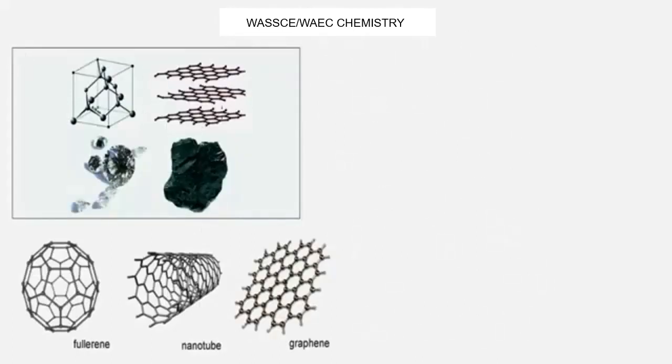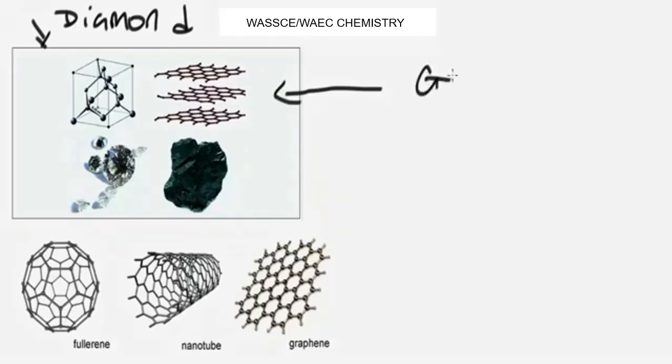Okay guys, so these are the respective diagrams. This one here is our diamond, this one here is our graphite, this is our graphene, and this is our fullerene.